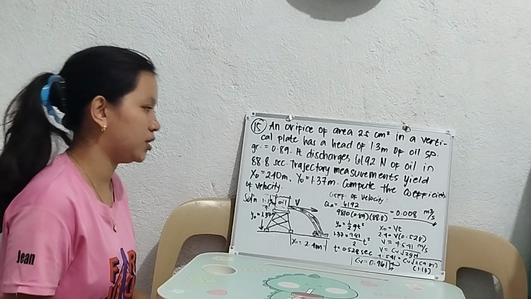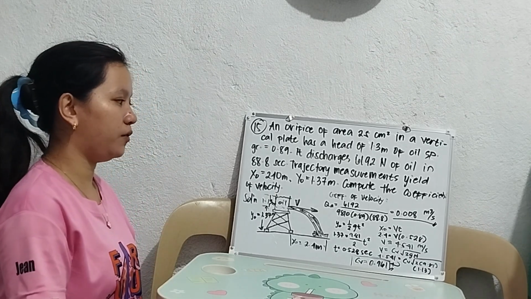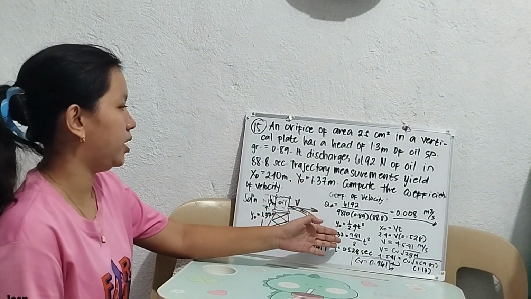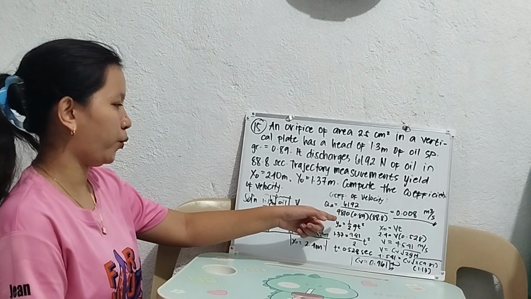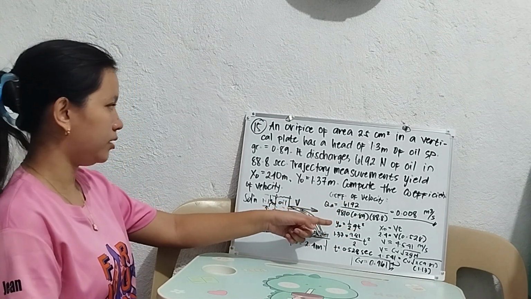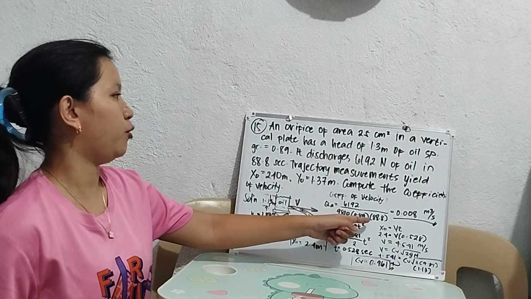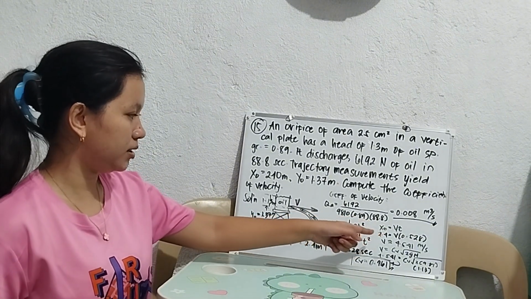So first, we will solve for the discharge. The discharge equals 6,192 Newton over the unit weight, which is 9,810, times the specific gravity 0.89, and then multiplied by the time 88.8 seconds.